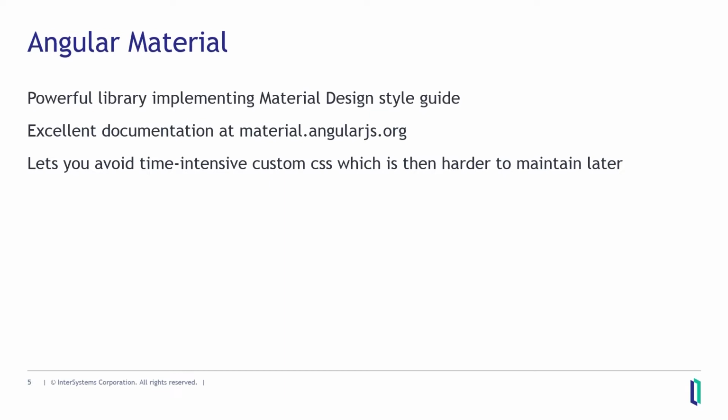And then it saves developer time so that we can focus on coding as opposed to designing, which some of you may be designers. Our team is developers, and we're good at coding. We're not as good at making things look nice and writing the custom CSS. And so we're going to spend time coding as opposed to making it all look pretty. So we're just going to use pretty much vanilla Angular Material styling.